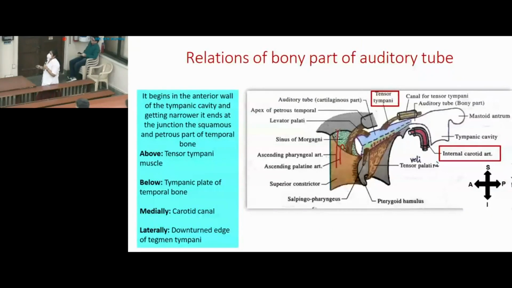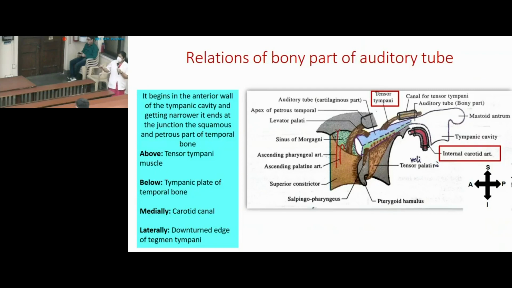So this is one book picture which depicts relations of bony part of the auditory tube. So here you can see this is bony part of auditory tube. What is present above bony part of auditory tube? So what you can see here, the bony canal for tensor tympani muscle. Yes, what is present below? It is related to the carotid canal containing internal carotid artery.